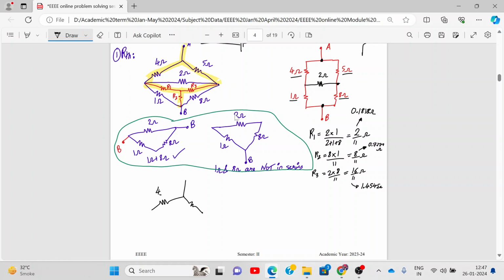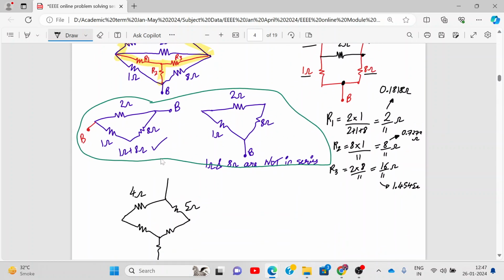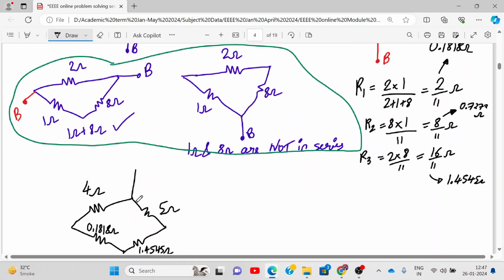So this is 4 ohm, 5 ohm. Now we can narrow it down. This is R1, 0.1818. This is R3, 1.4545. And this is R2, 0.7272. Yeah, we got this.